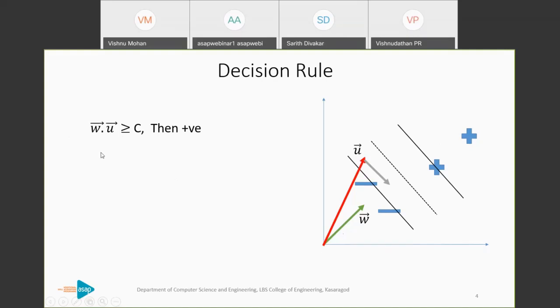I'm taking the length of the vector W to the other side, and making it a constant. So if the value is greater than or equal to some constant, then I can say it is a positive sample. The dot product of U and W gives the projection of U on W, and I'm making a constant for the length of W. If that value is greater than or equal to C, then it is a positive sample.